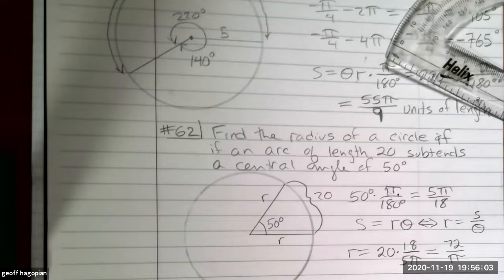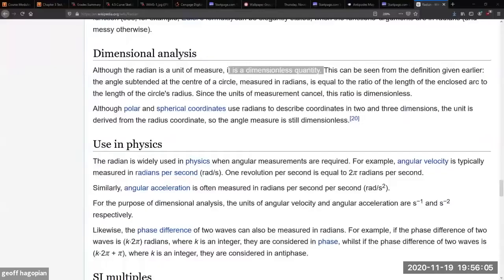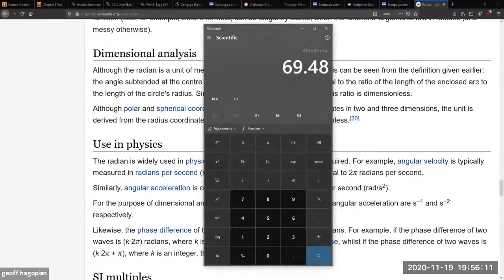We could use a calculator. Do we have a calculator? Sure. This is the Microsoft calculator. So if I say 72 divided by, where's pi? I've never been a big fan of this calculator.